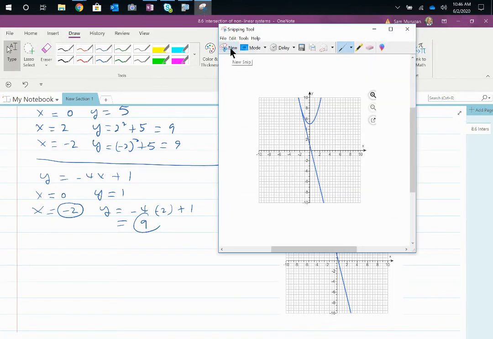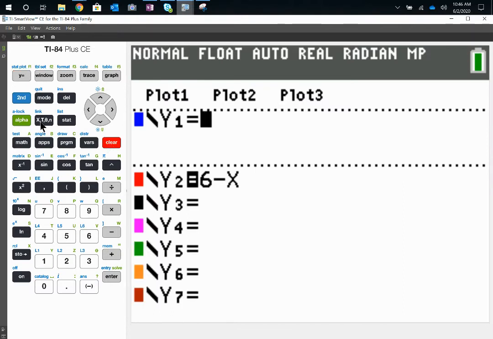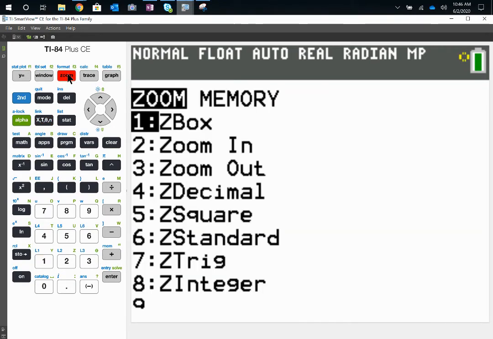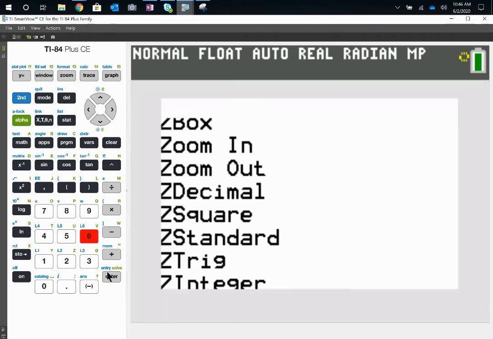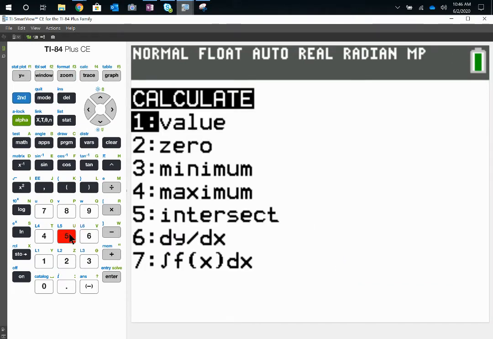So on the calculator, y is equal to x squared plus 5, and y is equal to minus 4x plus 1. Zoom back to a standard window first. And we want to ask the calculator the intersection of that point. So second, calculate, intersect.